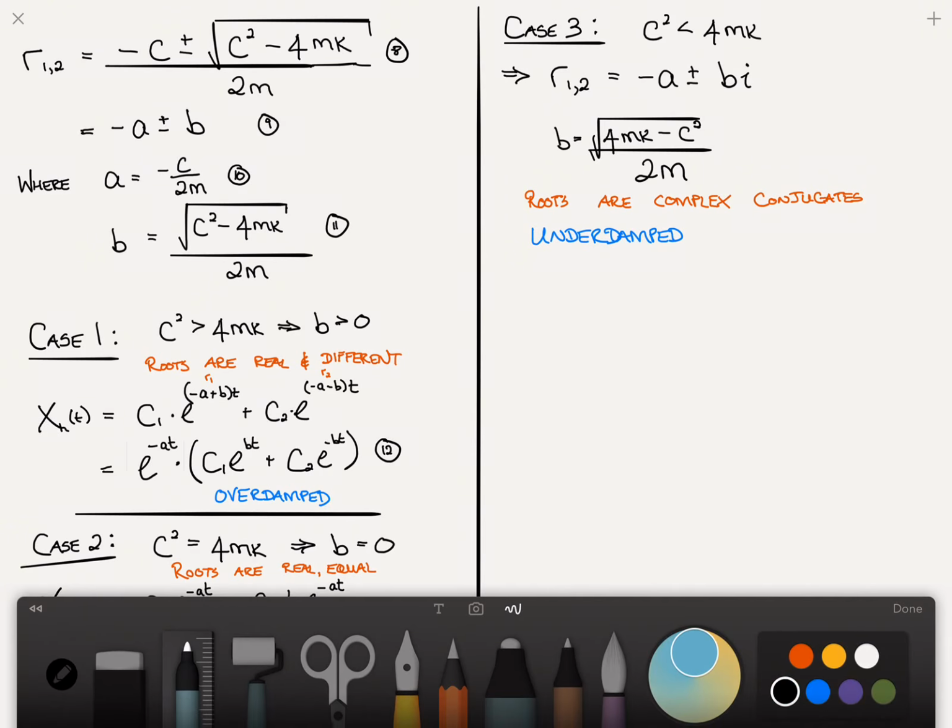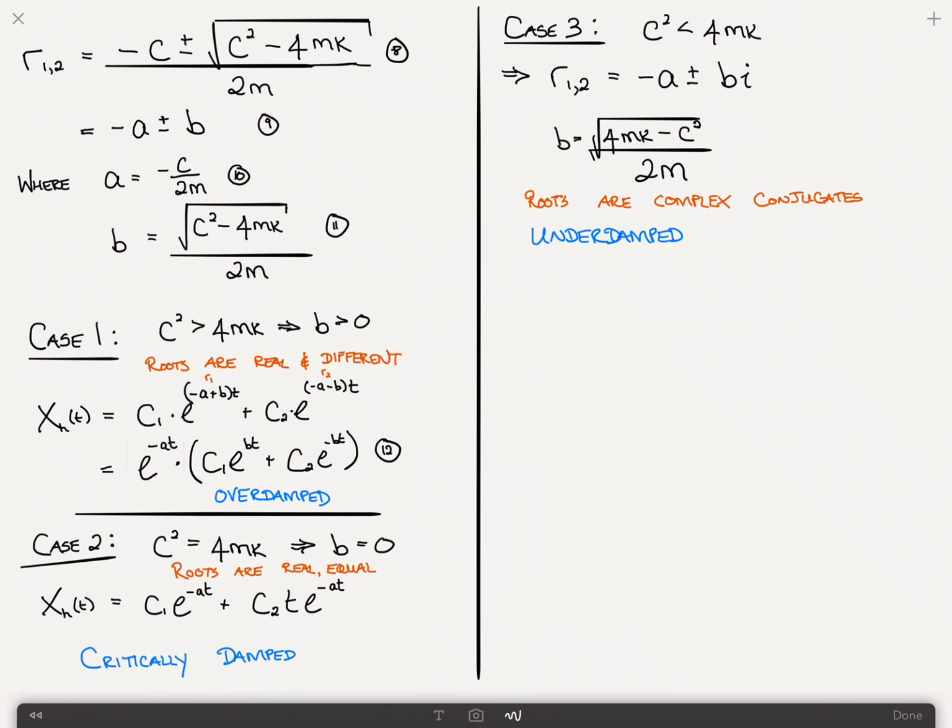So in this case, what does the solution look like? Well, one of the ways we could write it is that x homogeneous of t is equal to c1 times e to the minus a plus b i times t, plus c2 times e to the minus a minus b i times t.